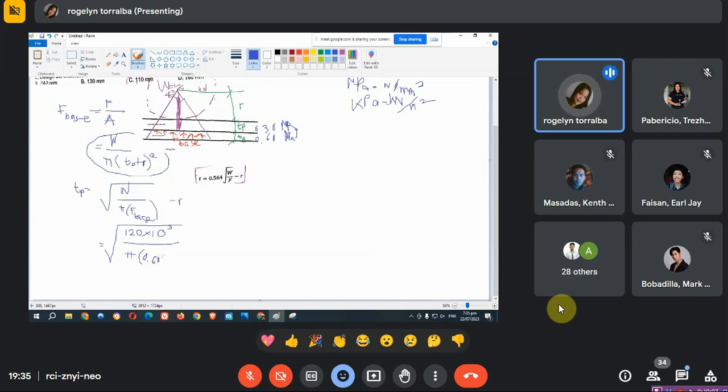Diba? Supposedly, ma'am, 0.30. But this is 0.60. Nganong 0.60 man? Okay, that's the next question. Nganong 0.60 atong gigamit? Because, yan naman class.